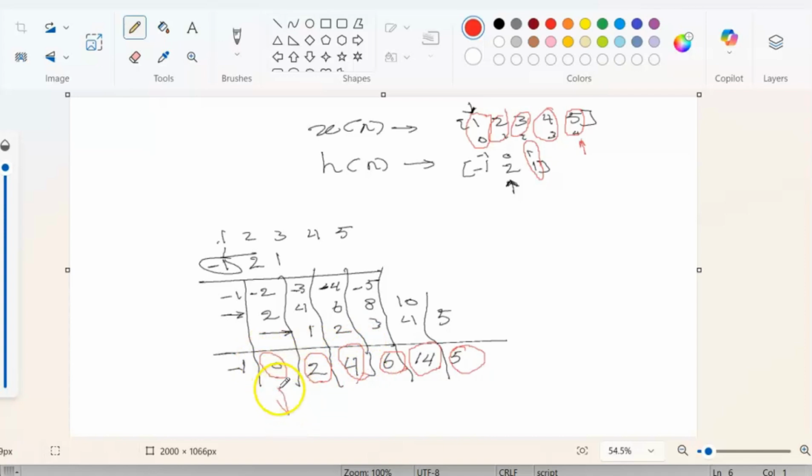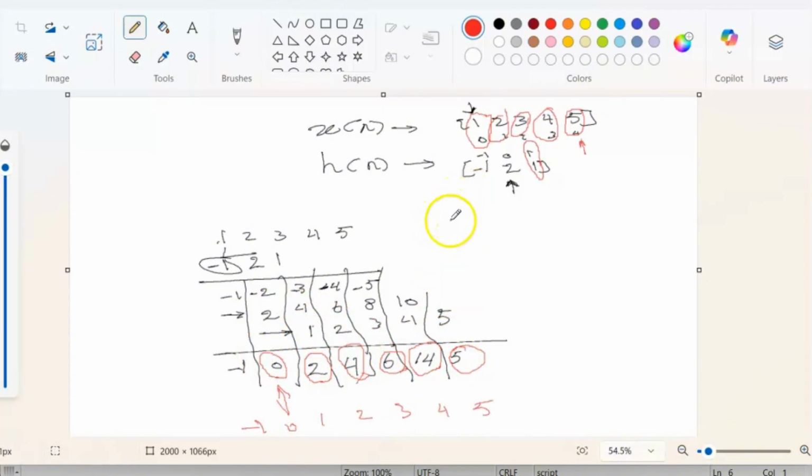This is my 0 position. So this is 0, 1, 2, 3, 4, 5, and this one is negative 1. This is how you calculate the convolution and make sure the indexing looks like this.